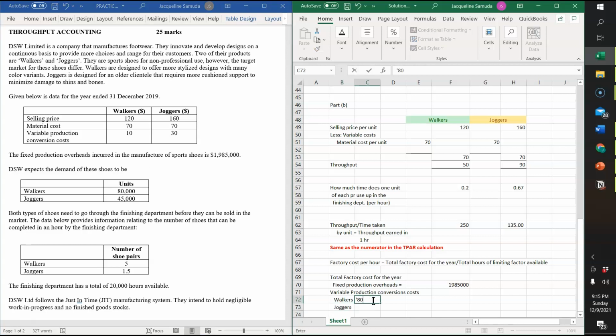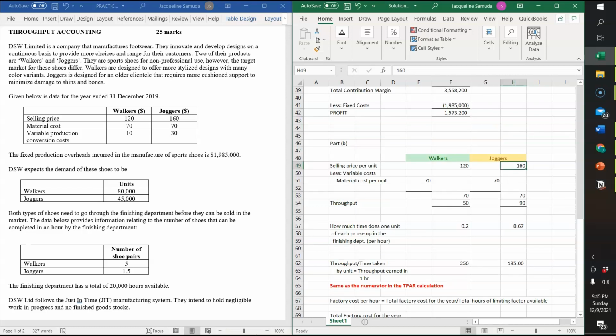Based on the quantities from part A, that is our instructions, we're going to multiply this by 10, because this is the variable production conversion cost per pair of walkers. And then we're going to use the 5,000.